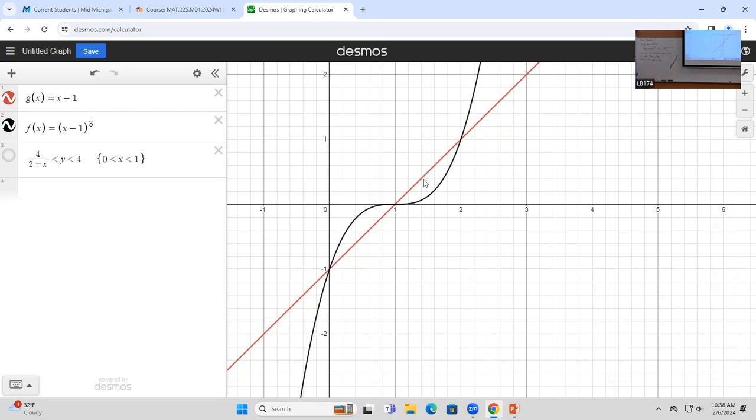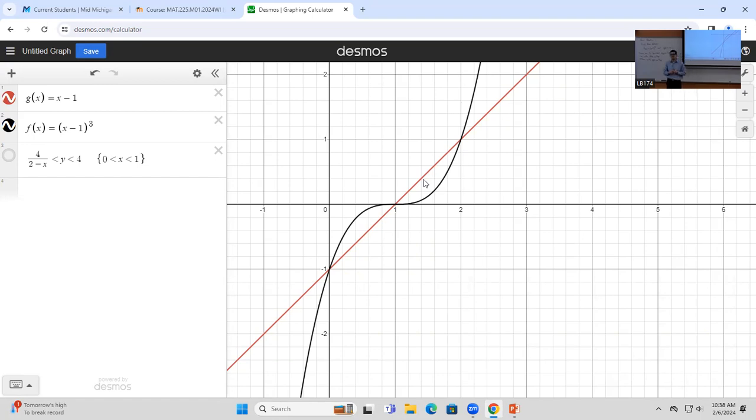So when it says find the area of the bounded region, it's ambiguous of what region. Are we asking for just one of the regions? Are we asking for the area of both bounded regions together?